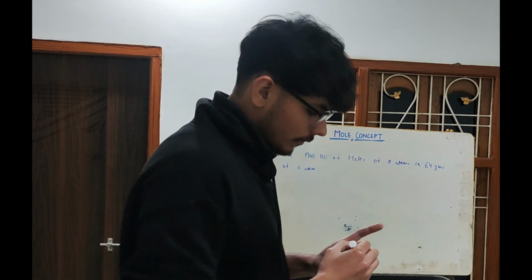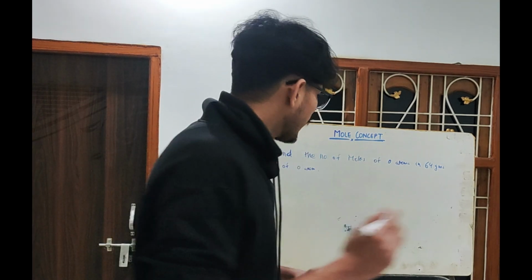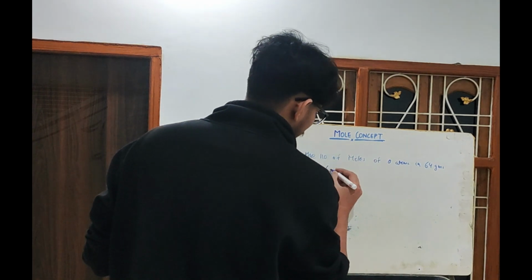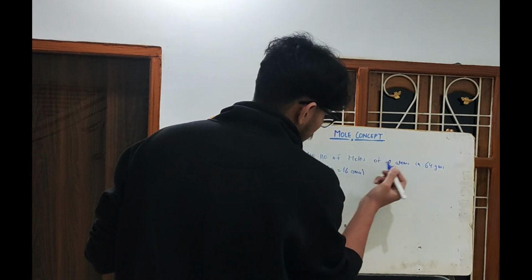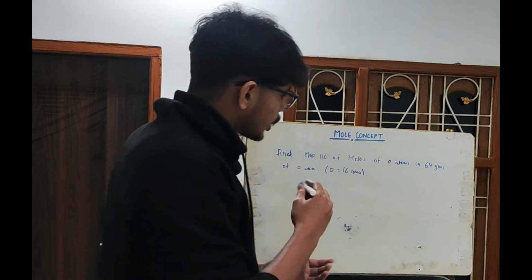Now, we know that the atomic mass of oxygen is 16 AMU, and it will be given in the question as well. So we just take it as 16 AMU. This is the atomic mass.